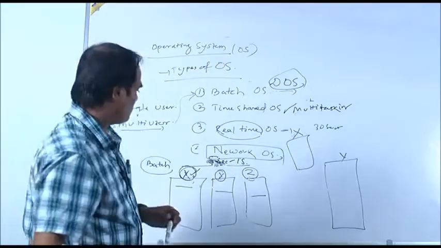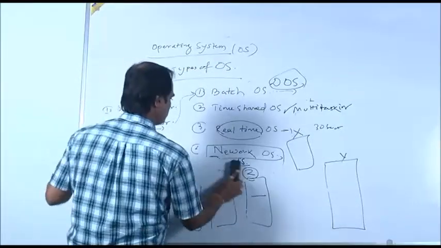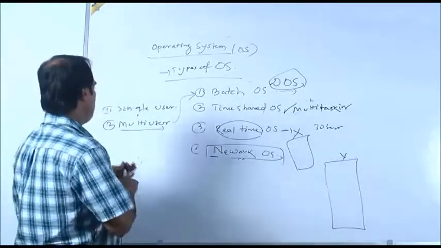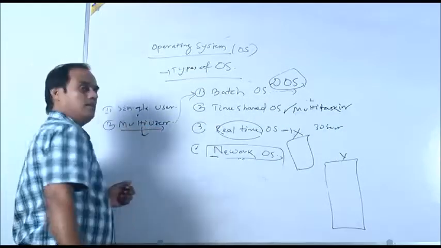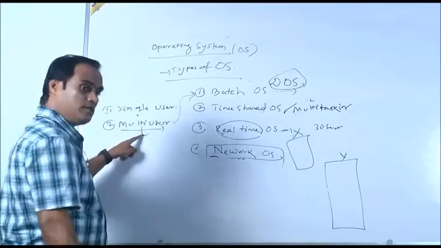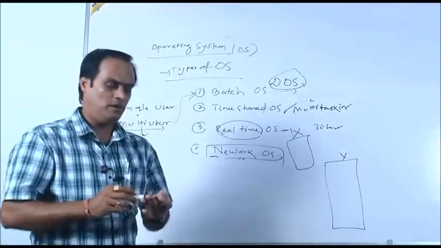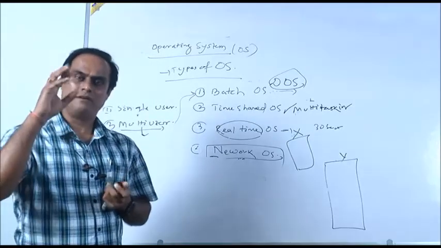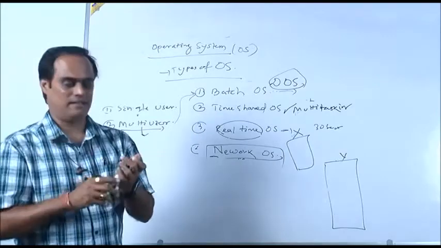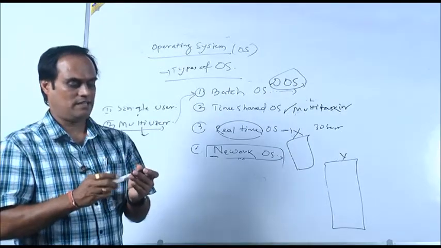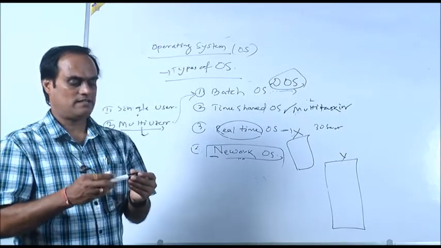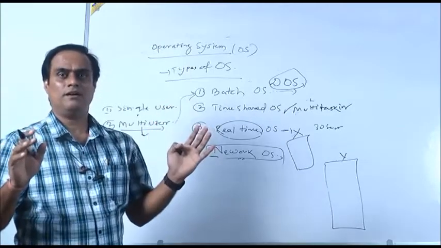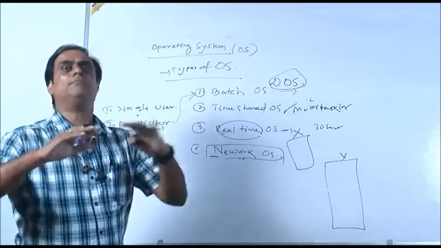Then we have the network operating system. Okay, so what is the network operating system? When we think about the multi user operating system, multi user means how multiple users can use a particular task parallelly. How exactly will multiple users use the same job parallelly?